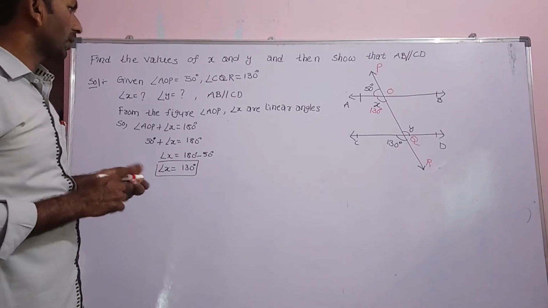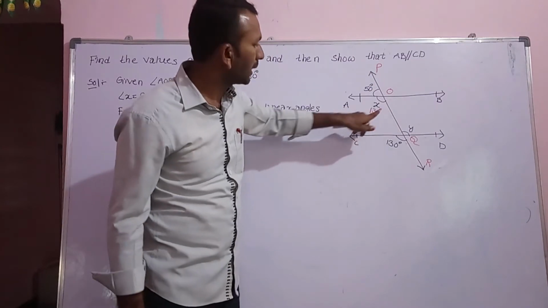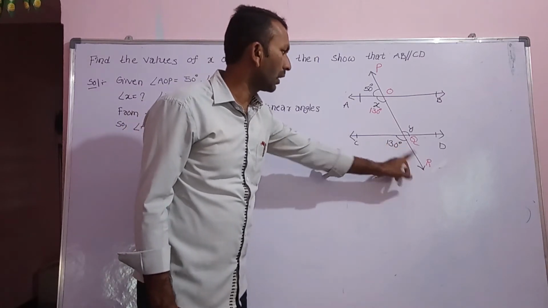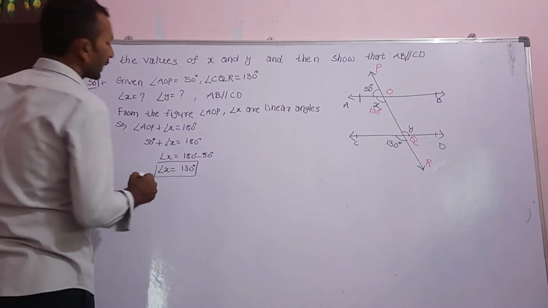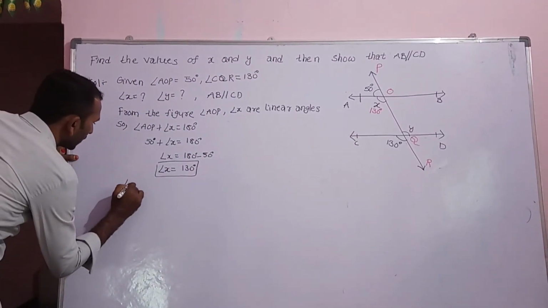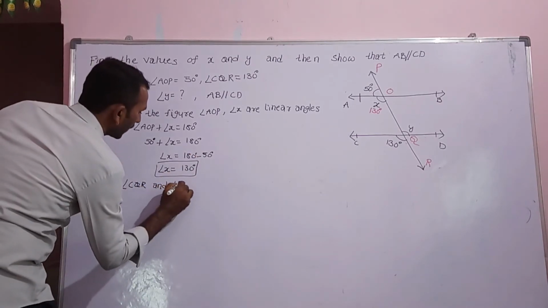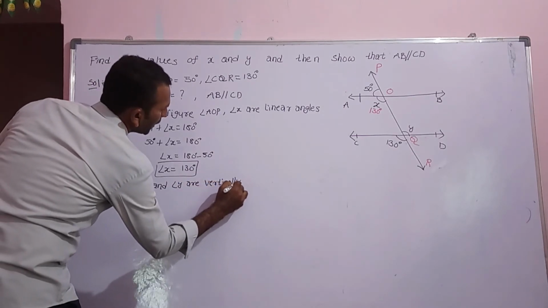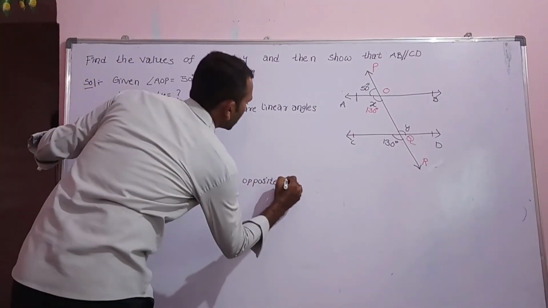Next, come once again to the picture. This line is intersecting the line CD, and angle CQR and angle y are vertically opposite angles.